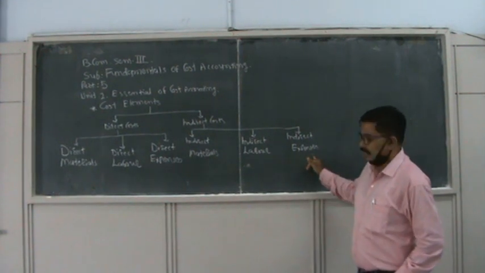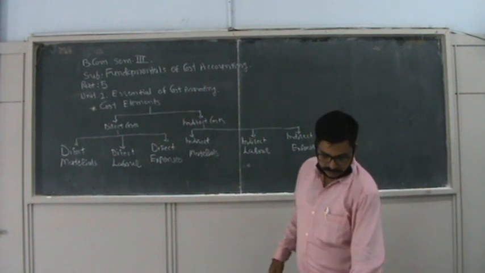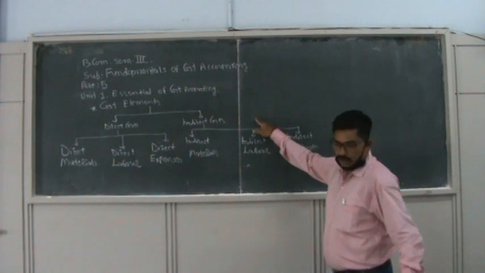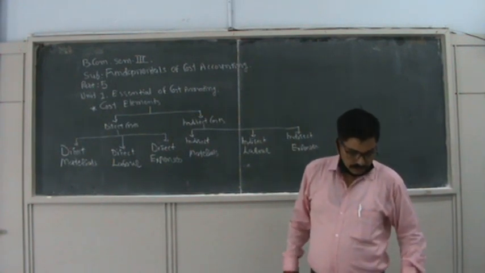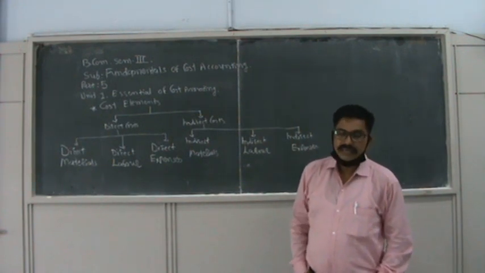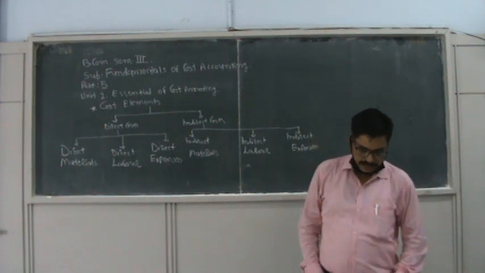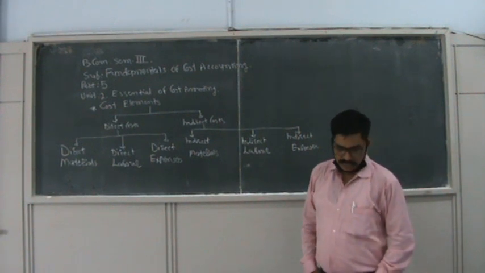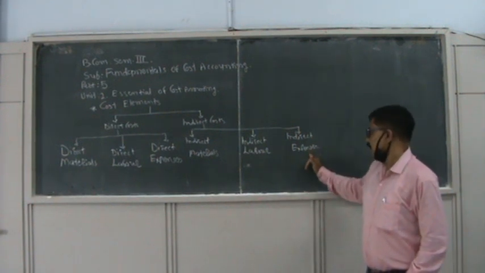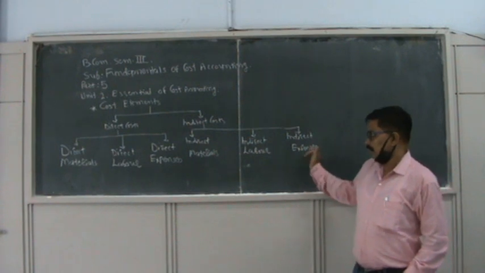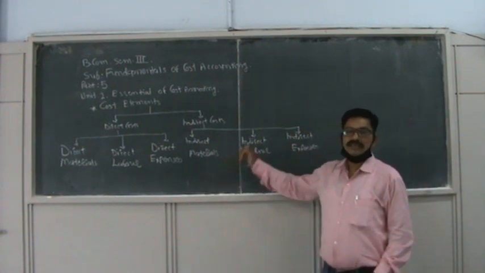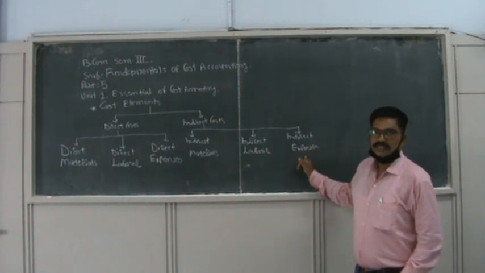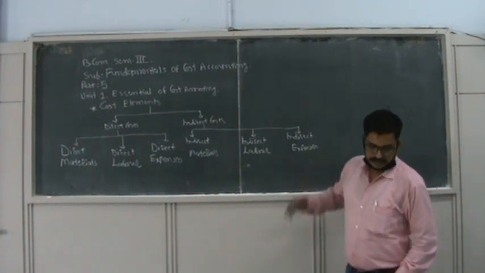Third one is indirect expenses. Indirect expenses are also one of the contents of indirect cost. Indirect expenses or indirect costs other than indirect material and indirect labor costs are termed as indirect expenses, right? The expenses which are not indirect material or not included in indirect labor are indirect expenses.